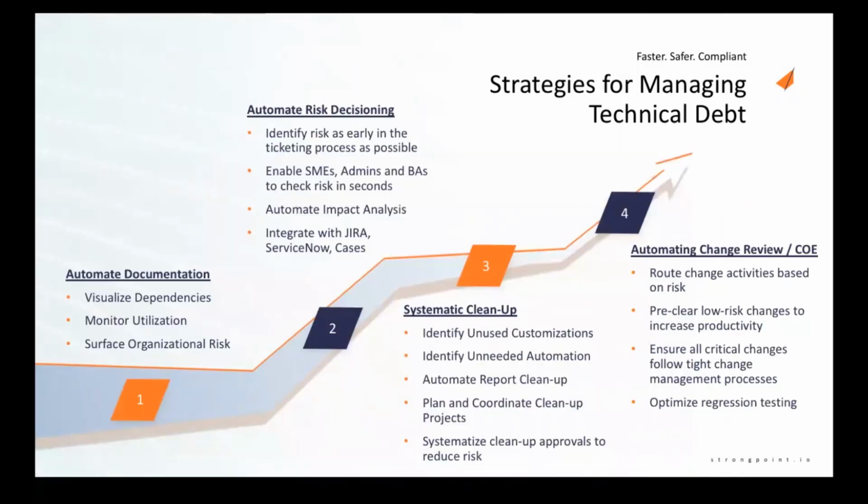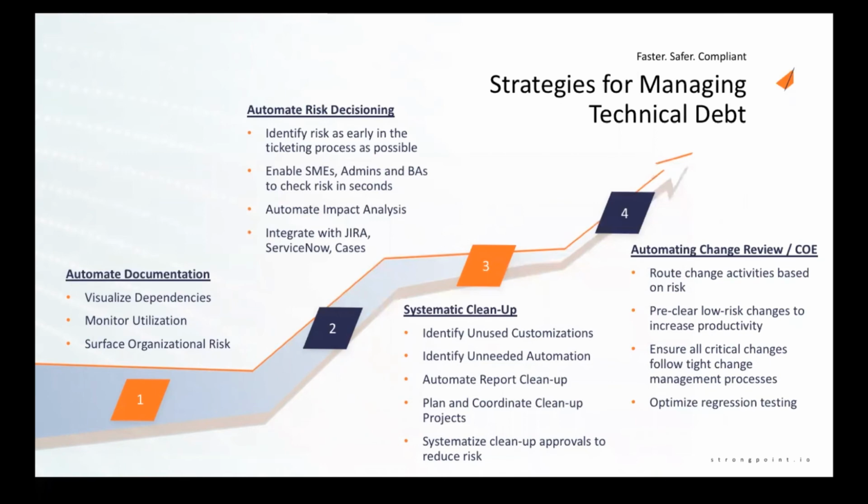So the strategies for managing technical debt, and we are going to move on and look at some of these things in action, are actually pretty straightforward, but they're not things that people are really able to do without a system such as Strongpoint. The first strategy is to visualize the dependencies through automated documentation.